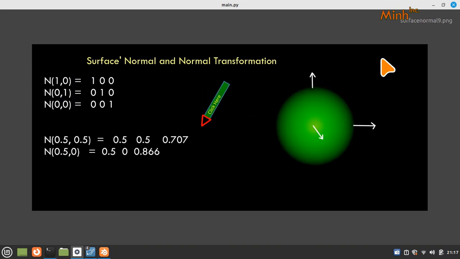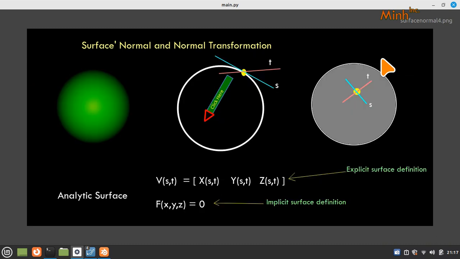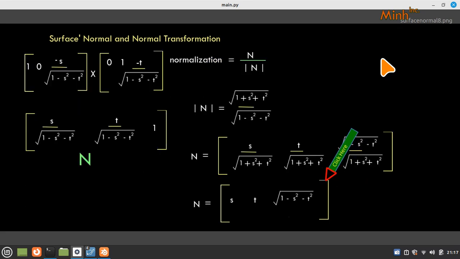Okay, so we finished the analytical surface, explicit surface definition. Now what we need to do is we have to find the surface equation that is based upon s and t, not in r. s, t and g(s,t). Once we get that, we have to do the differentiation and calculate the two vectors, and after calculating two vectors we do the cross.